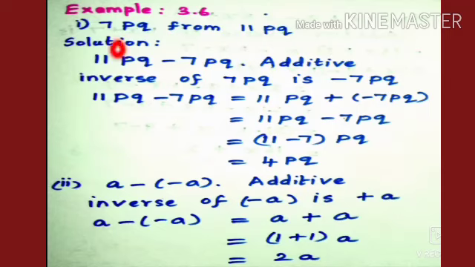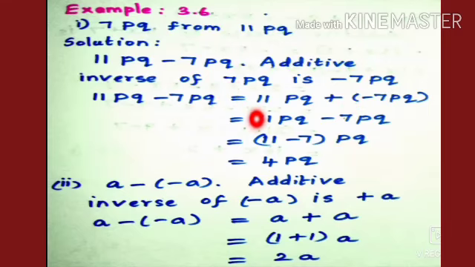Now example 3.6. Subtract 7pq from 11pq. That is 11pq minus 7pq. When we subtract, we need to add the additive inverse of the second term to the first term. So first we have to find the additive inverse of the second term. The additive inverse of plus 7pq is minus 7pq.